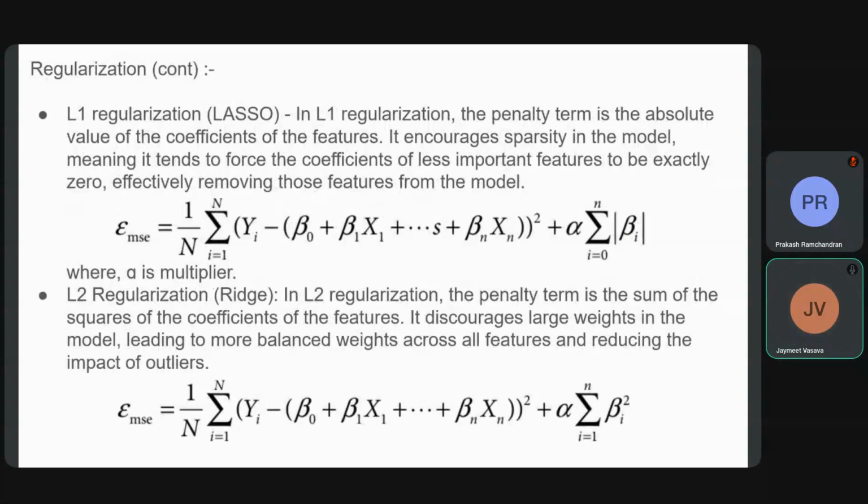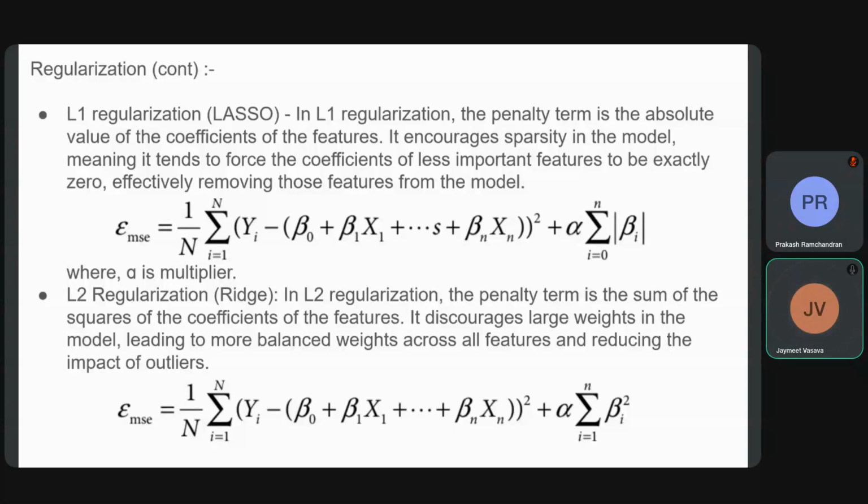So LASSO basically works by adding a penalty term, which in the end makes all the coefficients which are least important zero. And because it helps those coefficients become zero, and we can remove those coefficients, it can also be used for feature selection of the model.